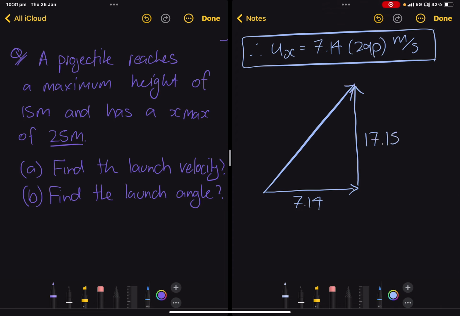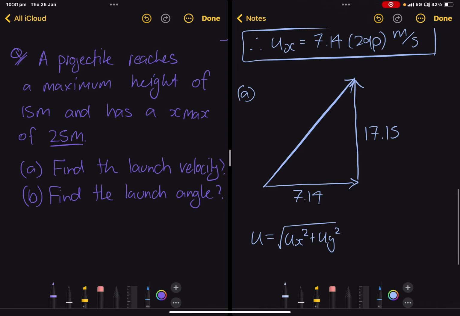In order to find the launch velocity, we'll do the square root of the sum of squares. So to find the value in A, the launch velocity, which we'll call u, is the square root of ux squared plus uy squared.